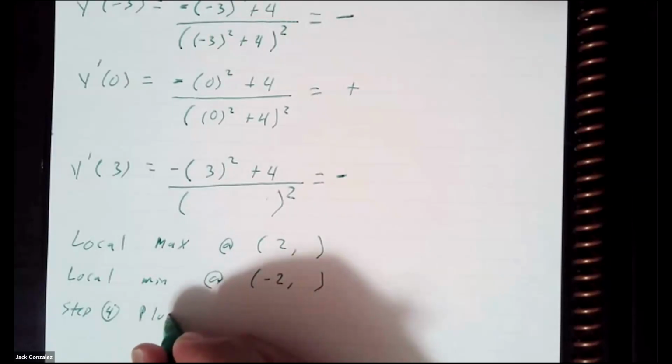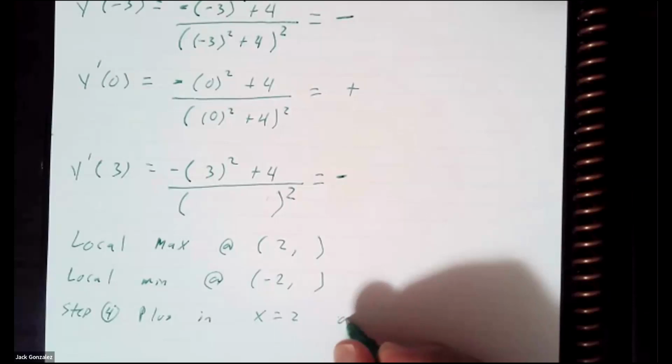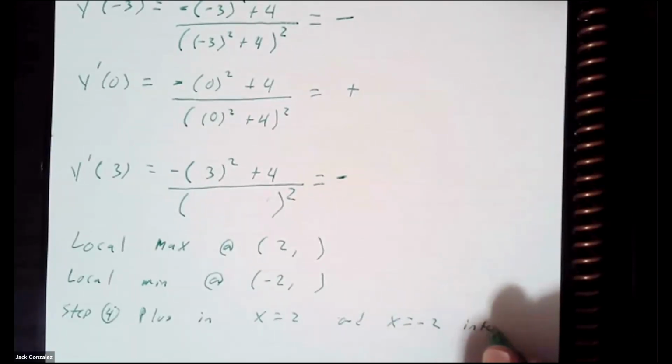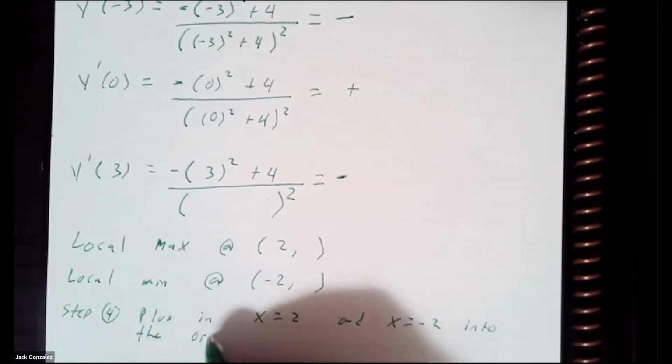So plug in, step 4, x equal to 2 and x equal to -2 into the original function.